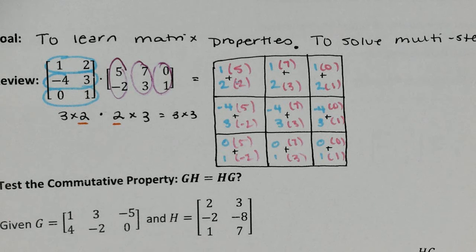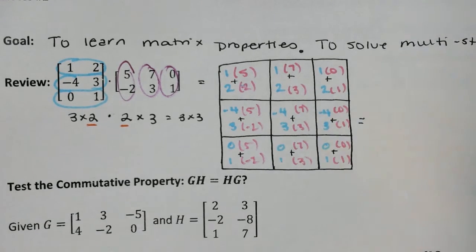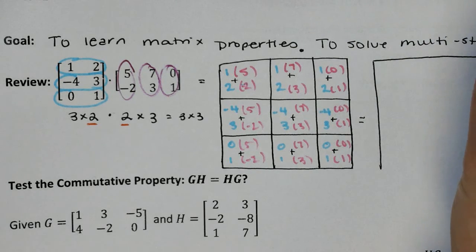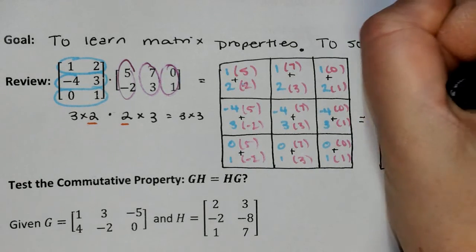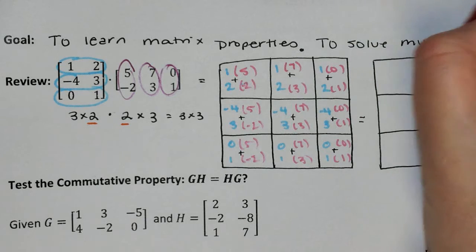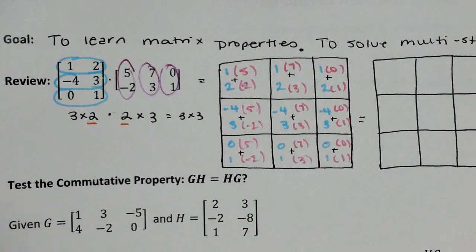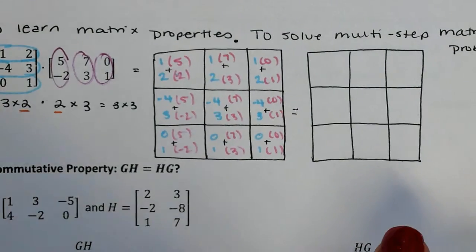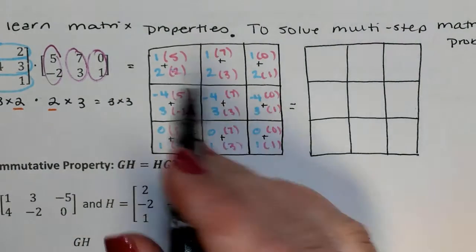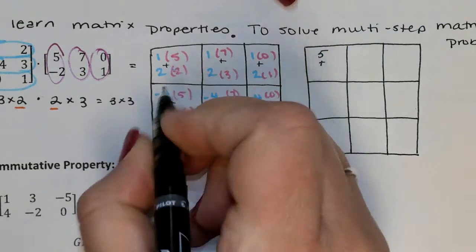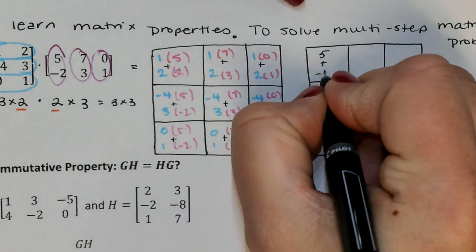And now that we have all the pairs written out, now we can go to actually just simplifying each of those boxes. So I'm going to write out boxes again. And I'm just going to do the multiplication. So 1 times 5 is 5, plus 2 times negative 2 is negative 4.